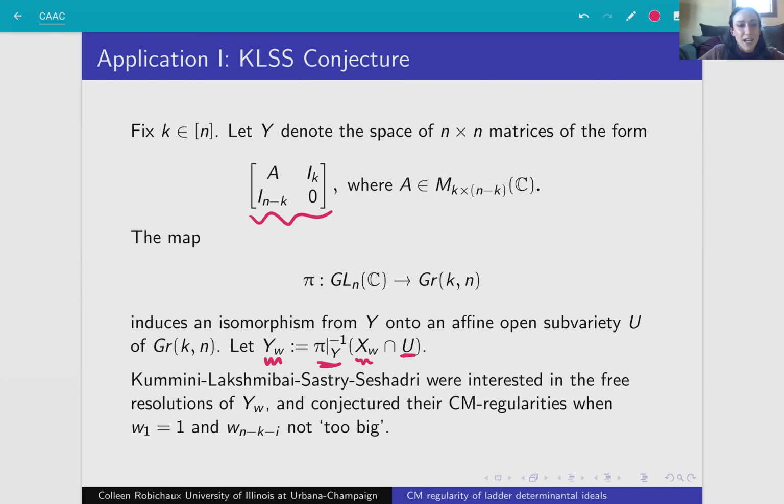Anyway, they had these Y_W that are just these Grassmannian Schubert varieties intersected with this opposite big cell, and they were interested in these free resolutions.